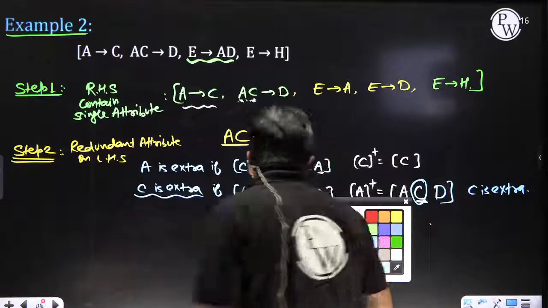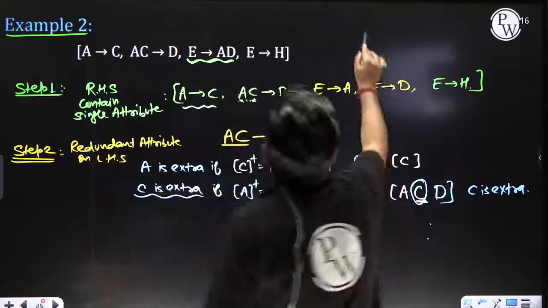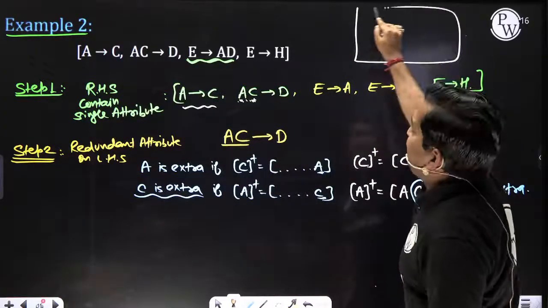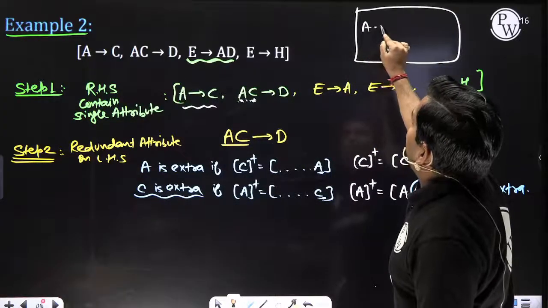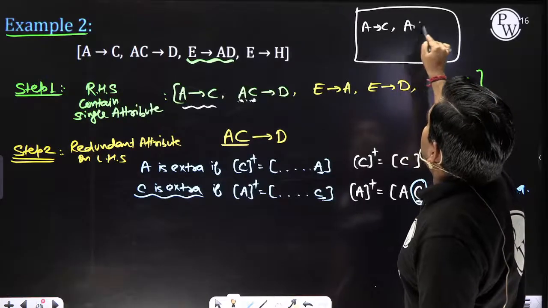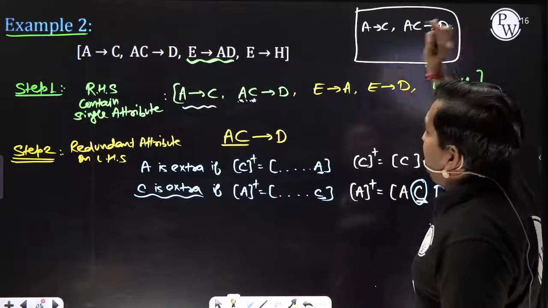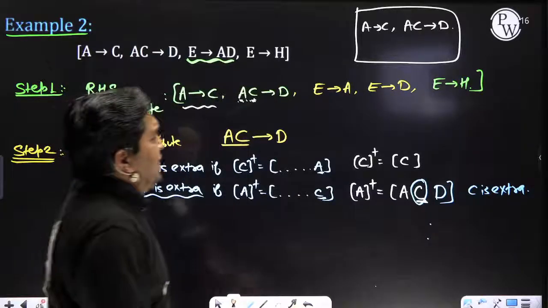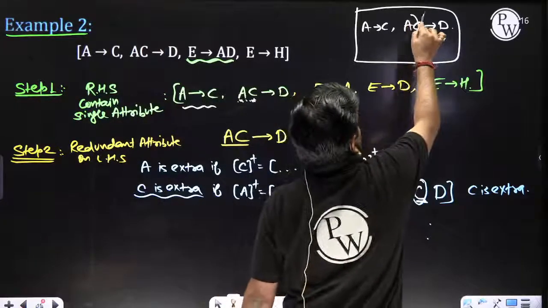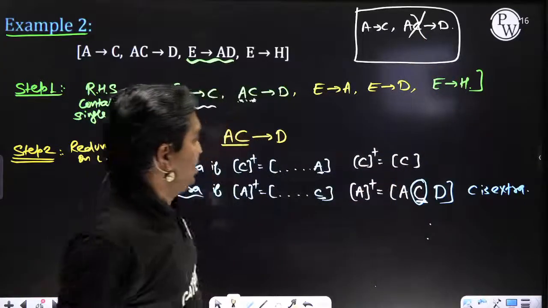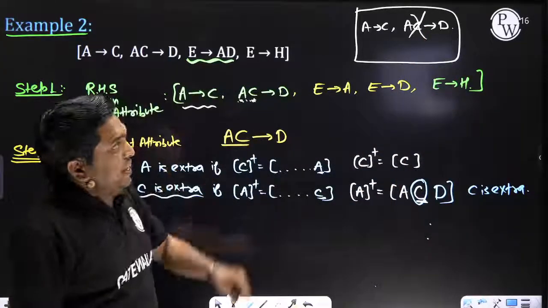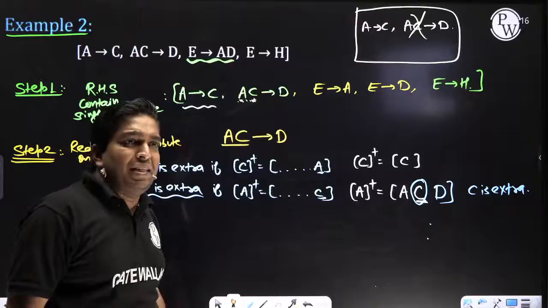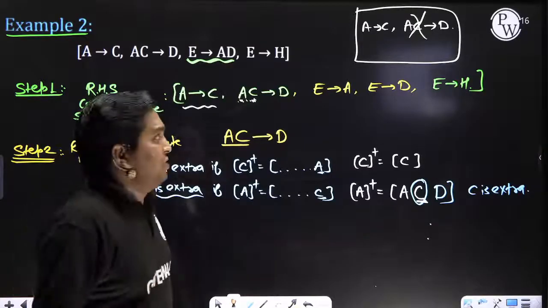And what did the Korth book tell you? A determines C, AC determines D. Here C is extra. Why is C extra?